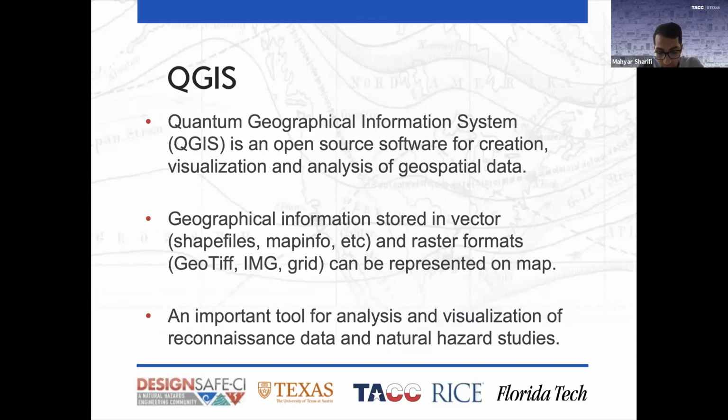A variety of geographical information data sets are actually stored in a vector format, such as shapefile or mapping, as well as raster formats like GeoTIFFs, images and grids, which all can be represented on maps. QGIS is a very powerful and very useful tool for analysis and visualization of reconnaissance data and in natural hazard research.